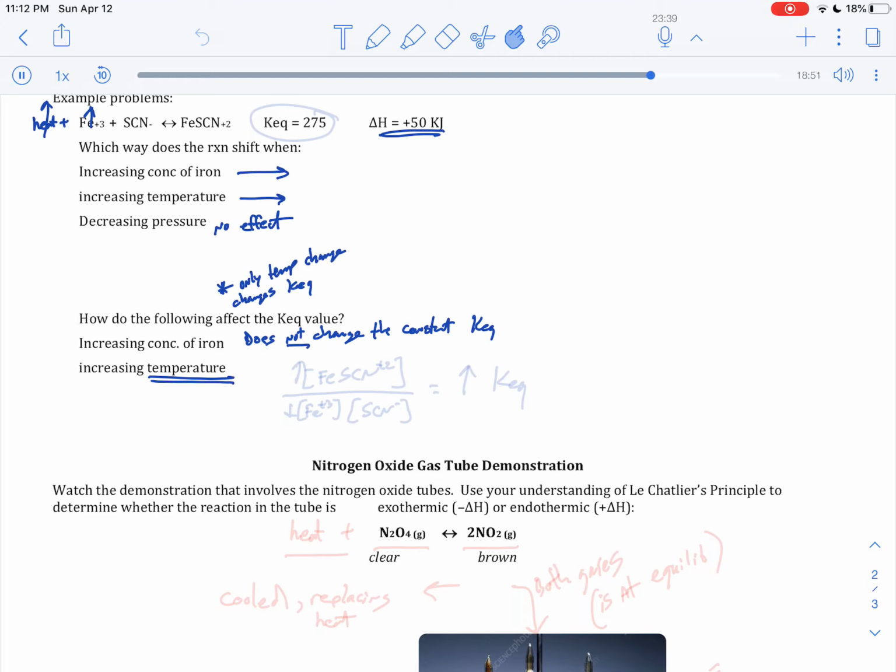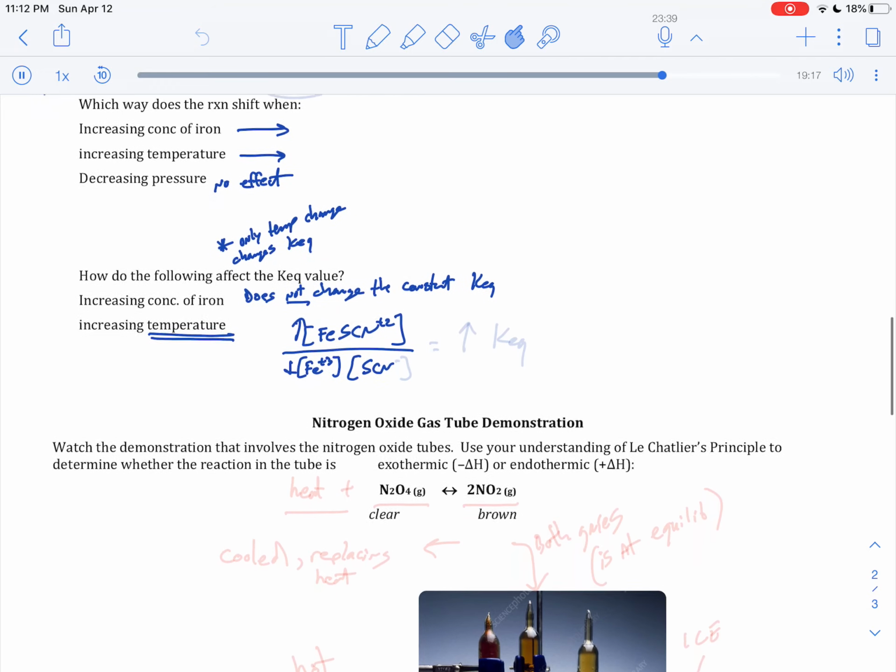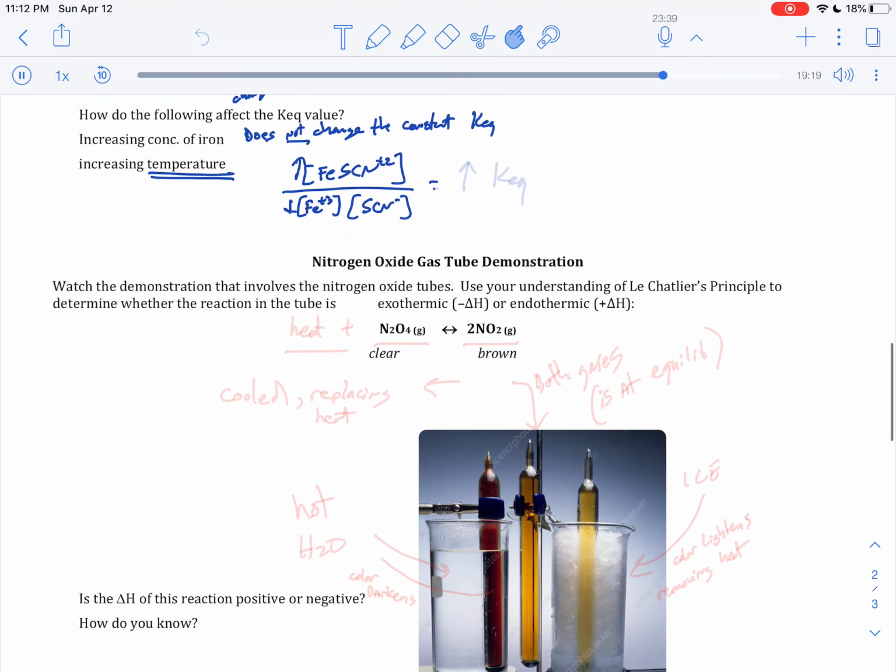All right, so let's say we did increase the temperature. When we increased the temperature, we saw that this reaction shifted to the right. So if it shifts to the right, I'm going to have more product made, and my concentrations of reactants will go down a little bit, which means I have a larger numerator and a smaller denominator.